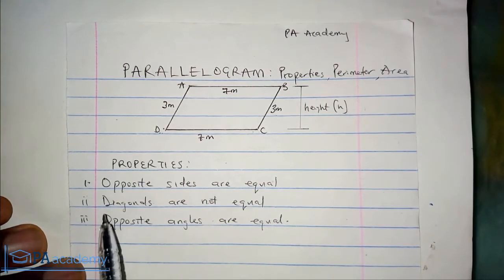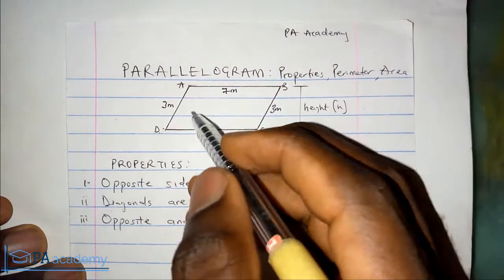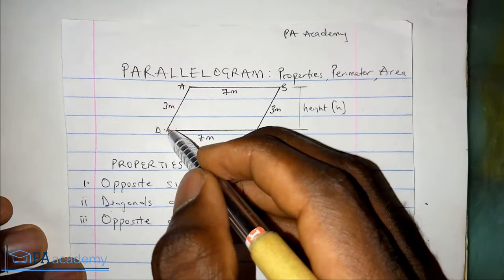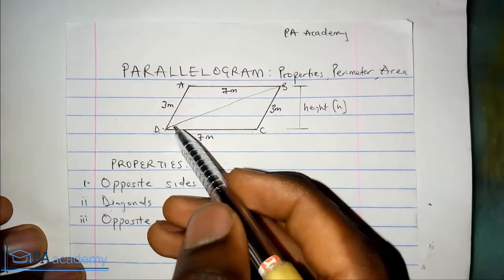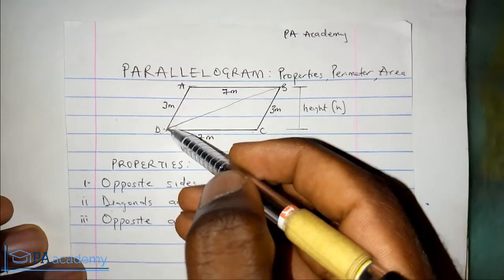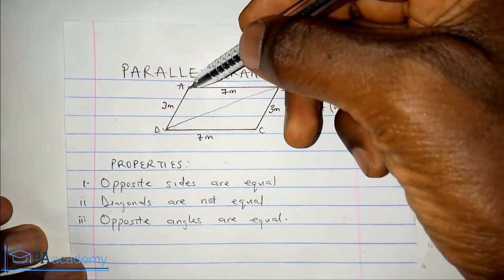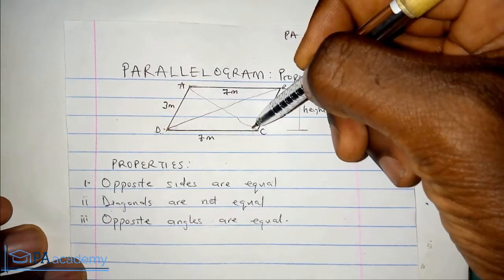So the second one says that the diagonals are not equal. Now in a parallelogram, let's put the diagonal. This is what we mean by the diagonal. This line is a diagonal. Now this diagonal and this other one, and this is just a freehand sketch, so it might not be perfect.